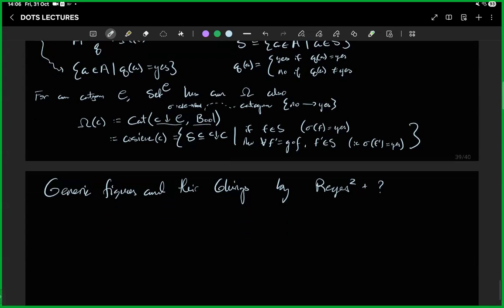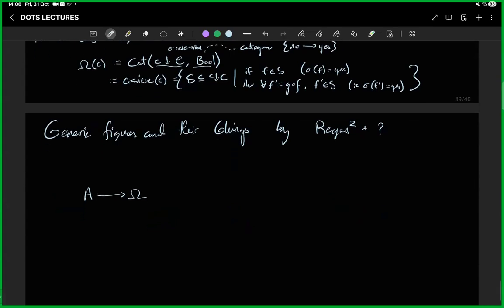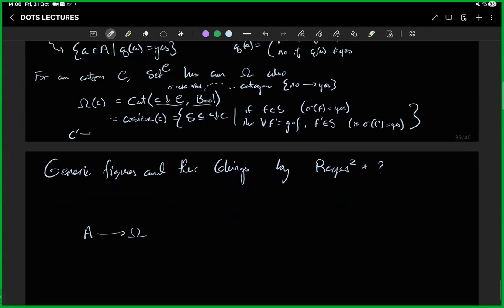So in other words, for any functor A, a map from this to this is a natural transformation, natural in all the C. I didn't tell you how the C's pull back, but if I have a C to C prime, then the obvious thing I would take is this evident map.